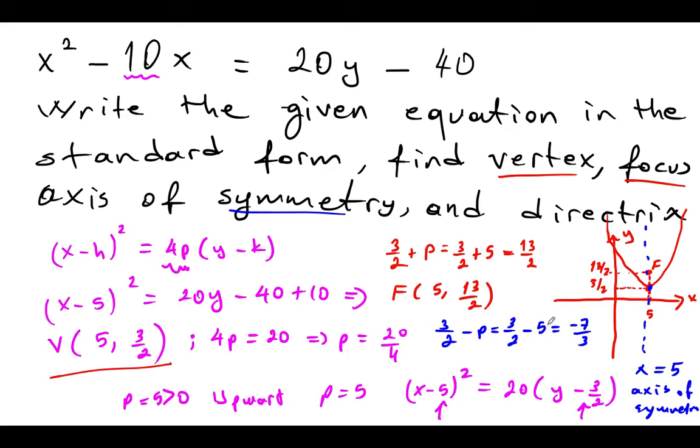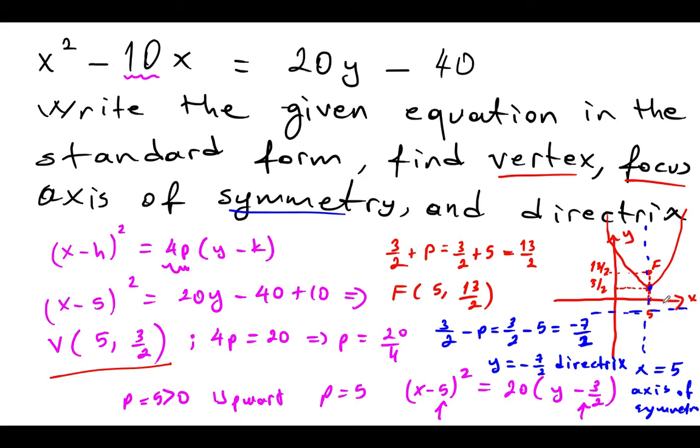Equalizing by 2, 2 times 5 is 10, 3 minus 10, negative 7 over 2, which is approximately negative 3.5. So now I will say that y is equal to negative 7 over 2 is my directrix. Okay, so here somewhere will be my directrix.